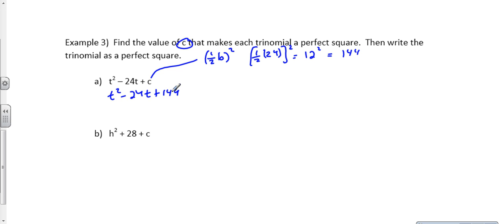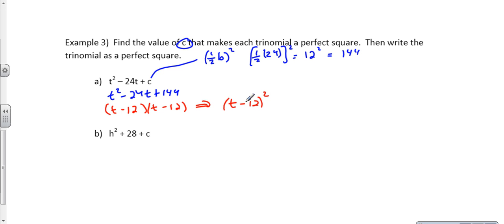Now, this is a trinomial that is considered a perfect square, because if I factor it, I need factors of 144 that add up to a negative 24, and that's going to be negative 12 and negative 12. So I could write this as t minus 12 quantity squared.